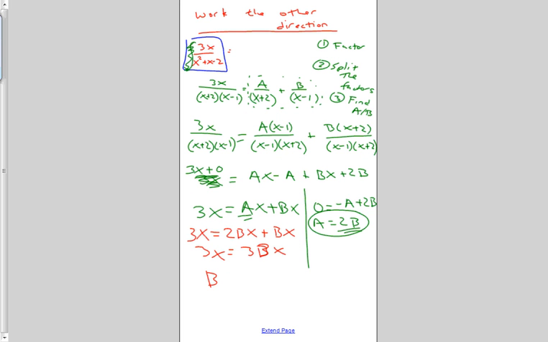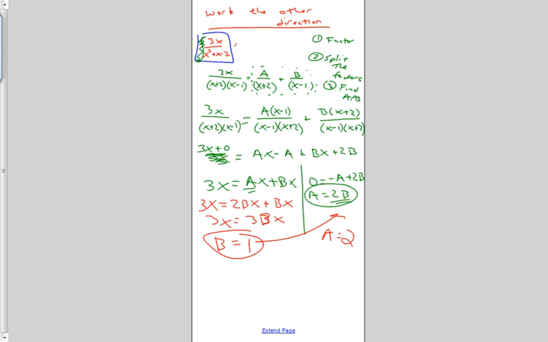Therefore, B equals 1, and A equals 2. So now we took that original fraction, 3x over x plus 2, x minus 1, and we were now able to write it as two simpler fractions, 2 over x plus 2 plus 1 over x minus 1.